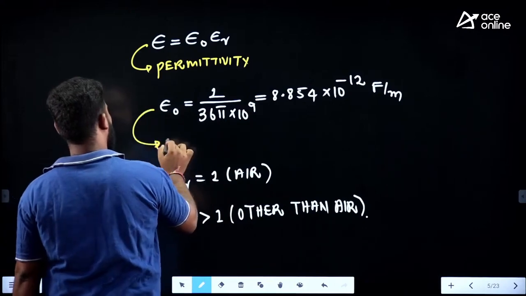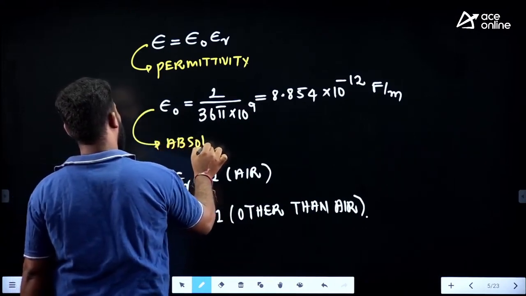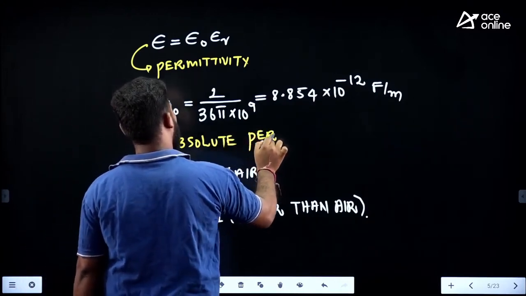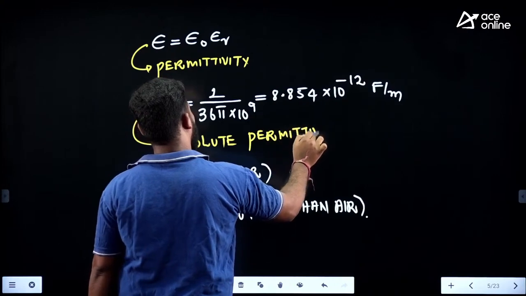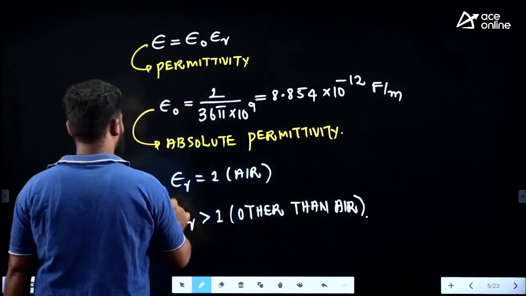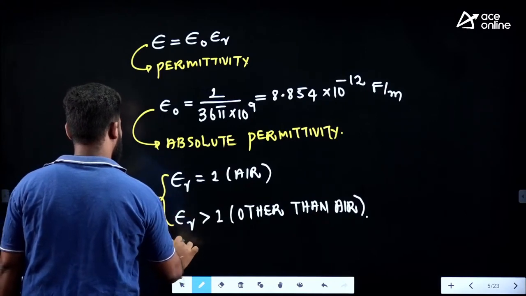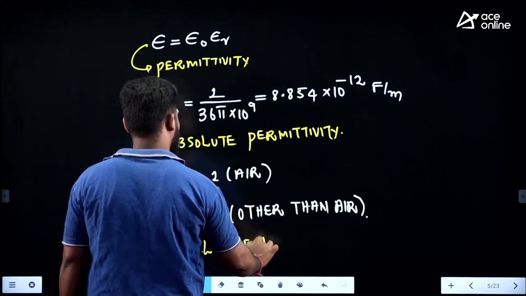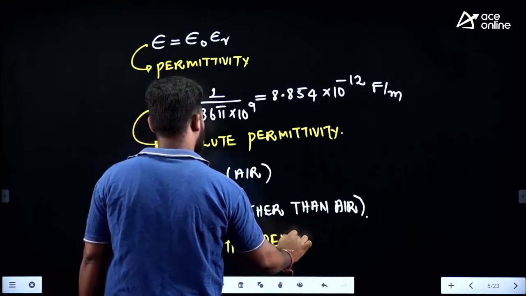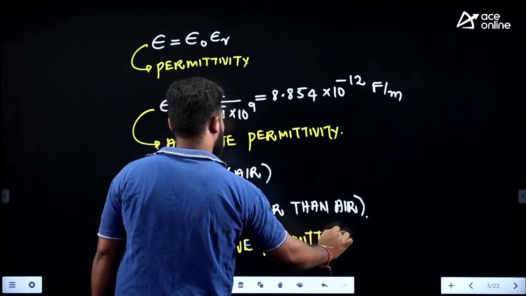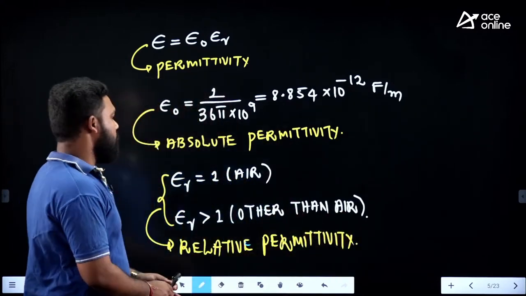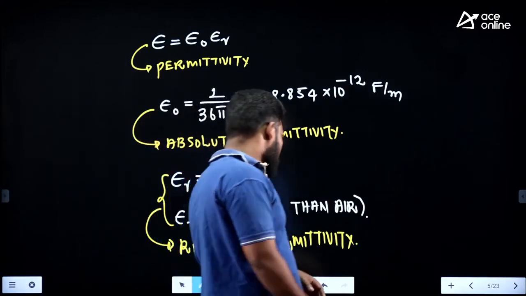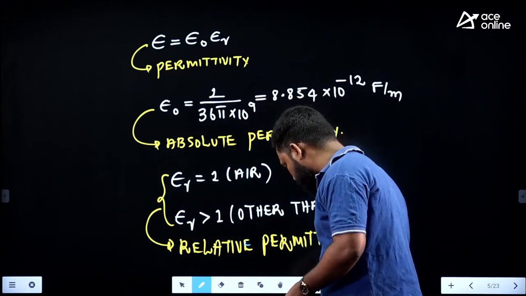This is absolute permittivity. This is called relative permittivity. You have to remember there are no units for this relative permittivity. You must remember the others along with the units. Units are also important for our exam.